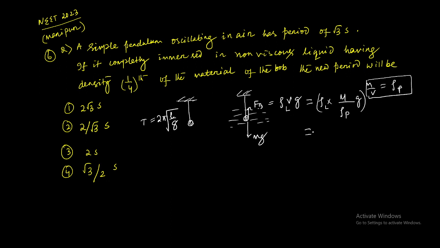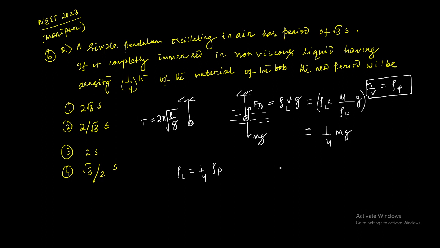Got it? So again they told here that the density of the liquid is 1 by 4th of the density of the pendulum. So this is simply 1 by 4 mg then. Got it? So this is your buoyancy force.